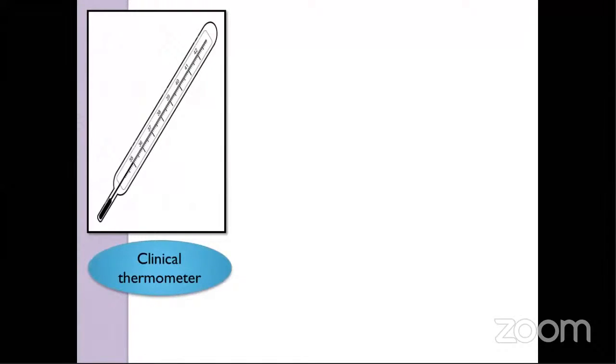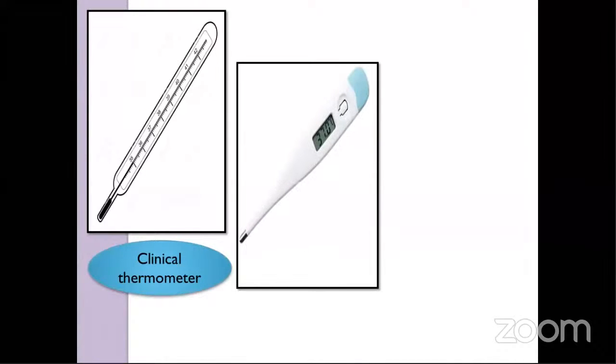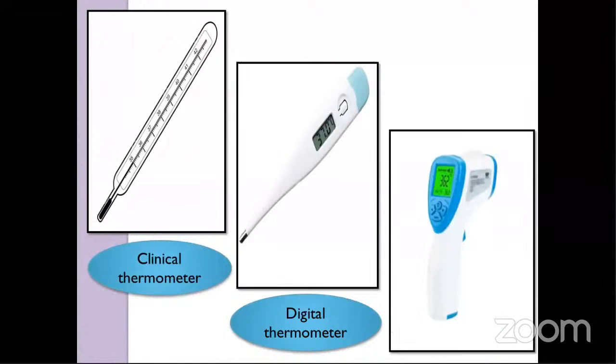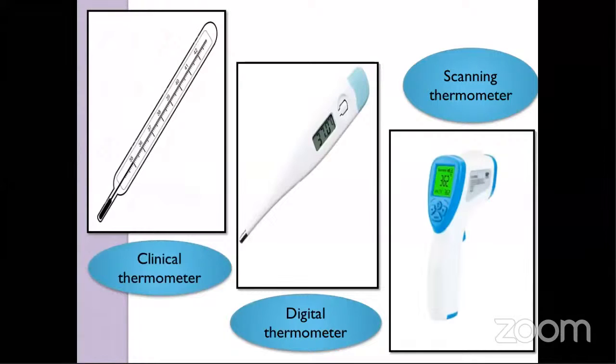This one is called a clinical thermometer. Next one is called a digital thermometer to measure the temperature. And this is a scanning thermometer. These are all about measuring temperature.